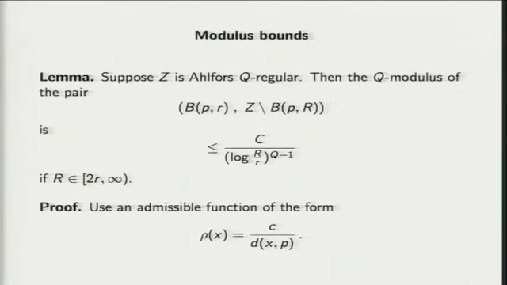Writing down this function rho and scaling it with an appropriate constant, you get something that's admissible. The Ahlfors Q-regularity gives you control on how much mass the space has in a given annular region, so you can sum this up and get an estimate.